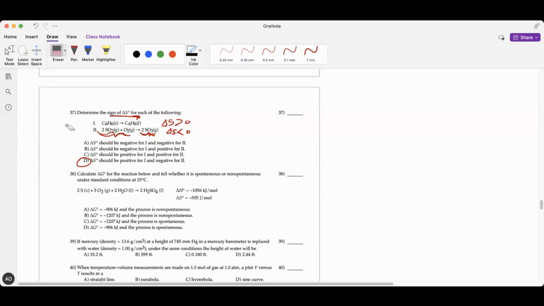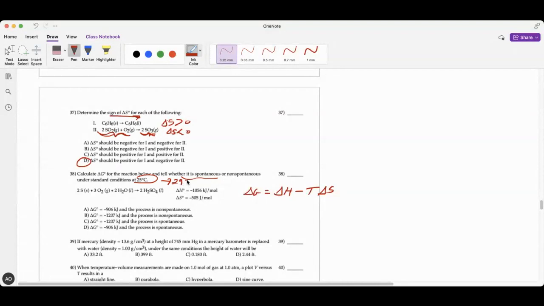This one here wants us to calculate delta G and tell us whether it's spontaneous or non-spontaneous. Okay, so delta G is delta H minus temperature times delta S. So the temperature is 25 degrees Celsius.